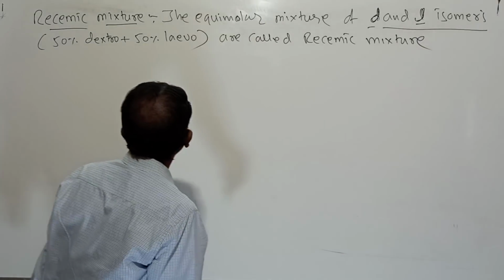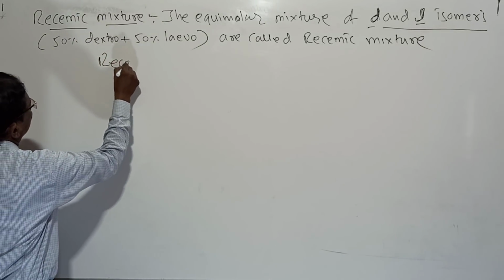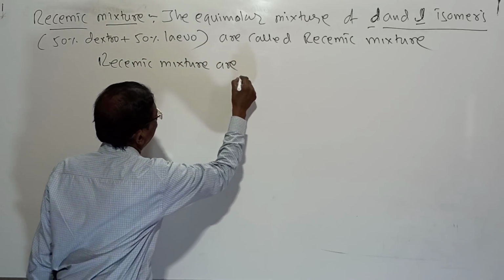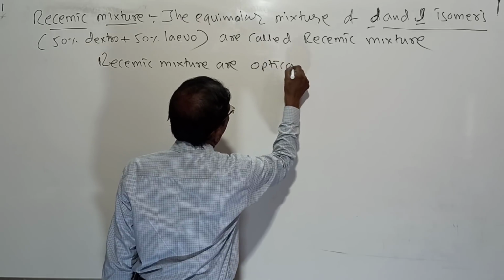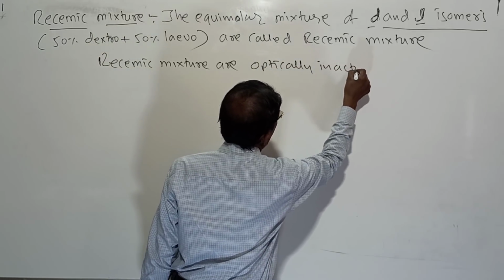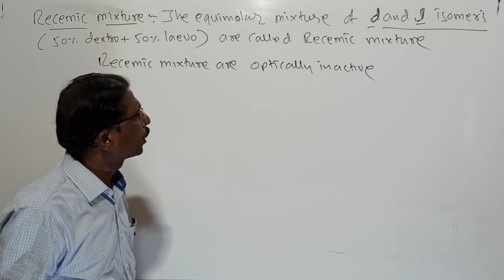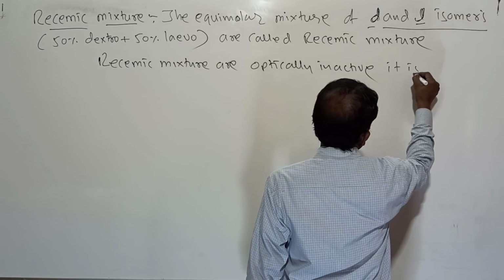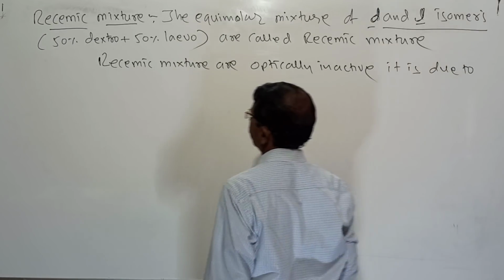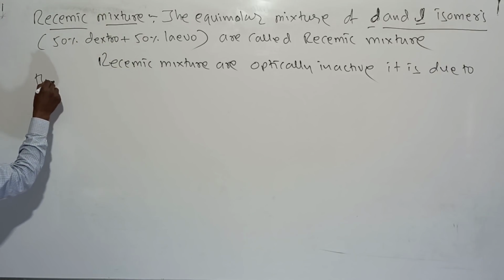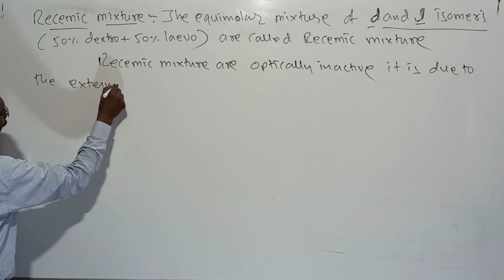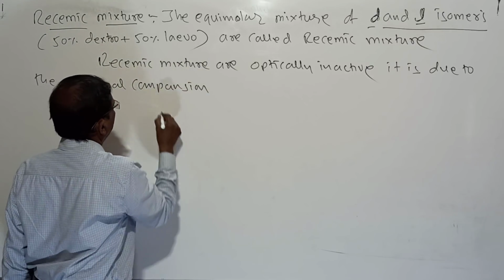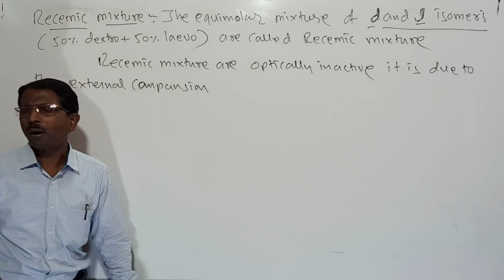Racemic mixtures are optically inactive. It is due to the external compensation.